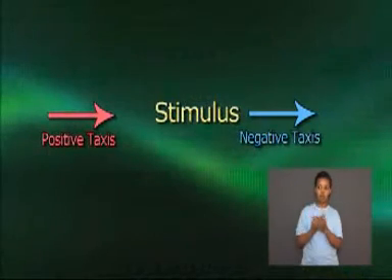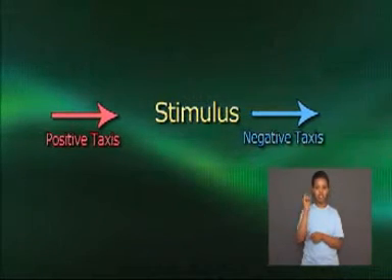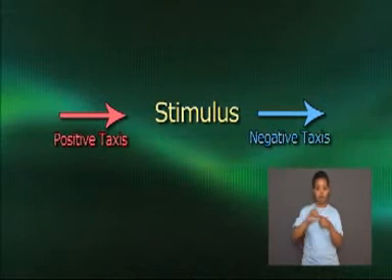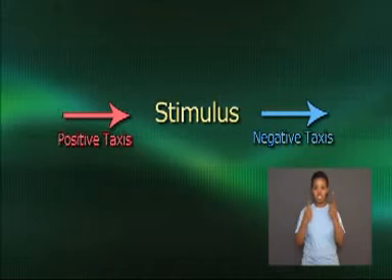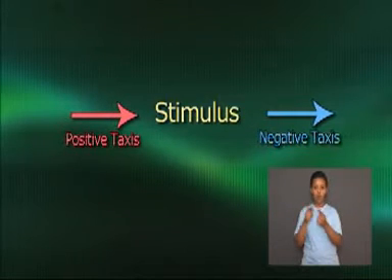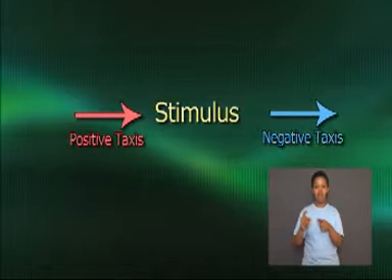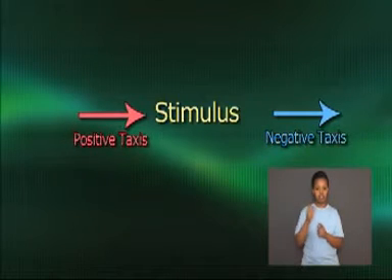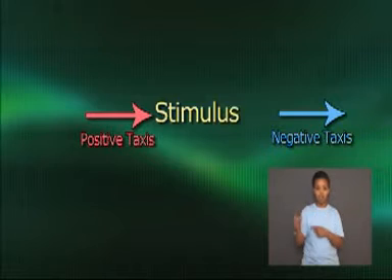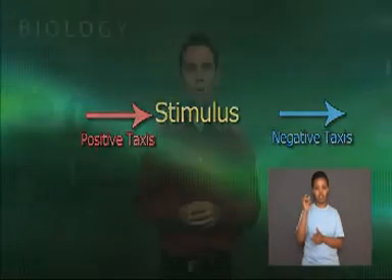In response to light, plants grow in the direction of the light source. Taxis usually involve motion in the direction of the stimulus or away from the stimulus. When the movement is towards the stimulus, it is called positive taxis. And when the motion is away from the stimulus, it is called negative taxis.